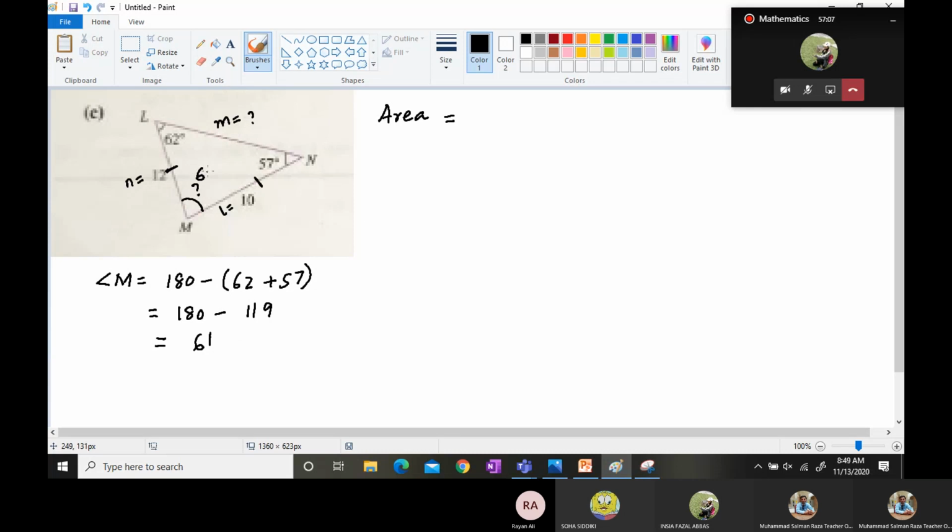So now we have the angle over here. Now I can apply the formula very easily: half into L into N into sine M. So I'll put the values: half, L value is 10, N value is 12, and sine 61.